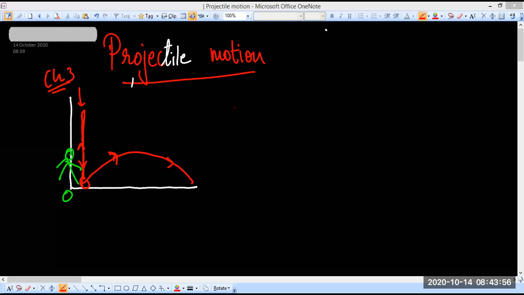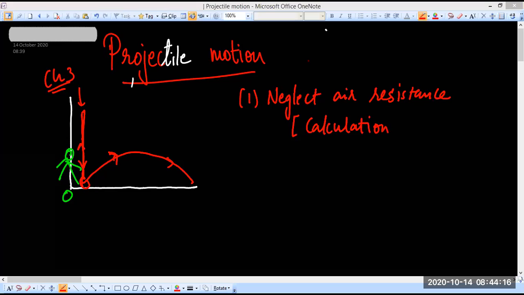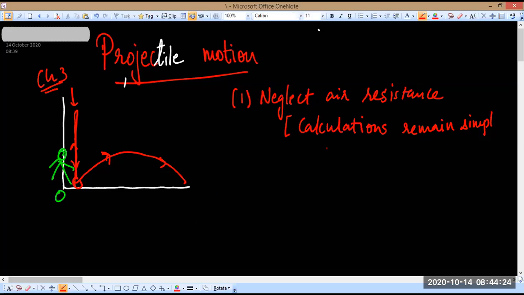Now there are some basic assumptions that we must understand before we start. First one, as usual, we neglect air resistance. Again, why do we do this? So that the calculations remain within high school level, so we keep it simple.